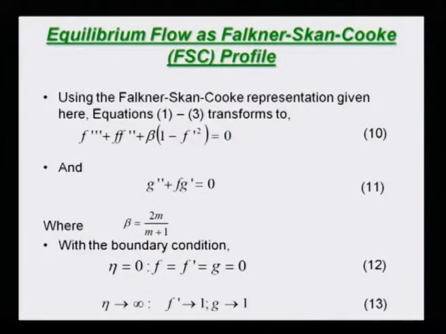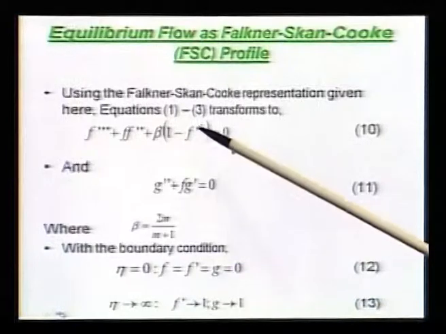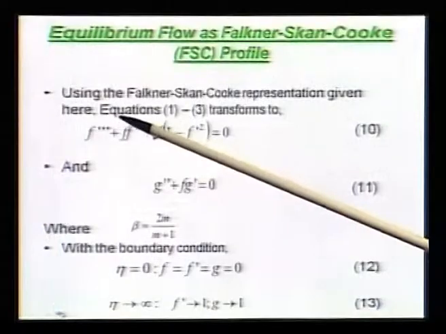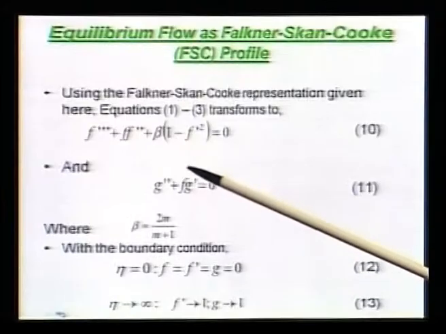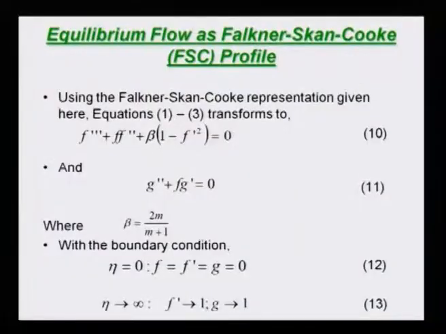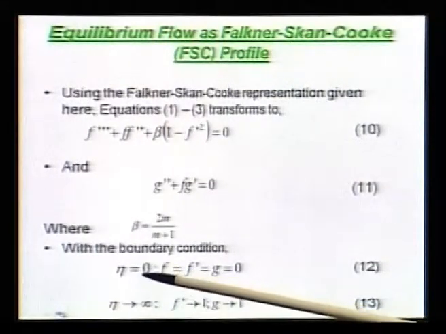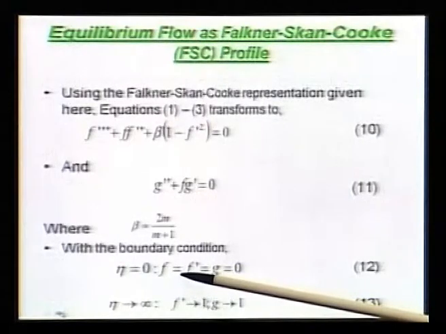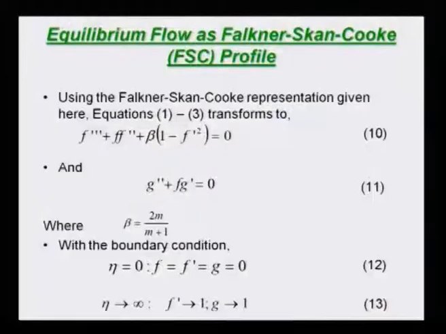So, this should possibly help you in defining the flow field. What happens is you need to solve these two equations. These are ODEs. It is a third order ODE, so you require 3 conditions for f, and a second order ODE in g will require 2 conditions for g. These 5 conditions are obtained through this. At the wall, you have psi equal to 0, psi prime equal to 0 with respect to x and y.